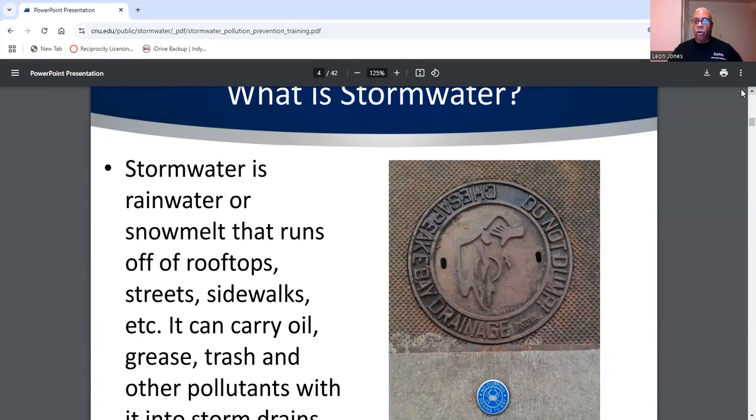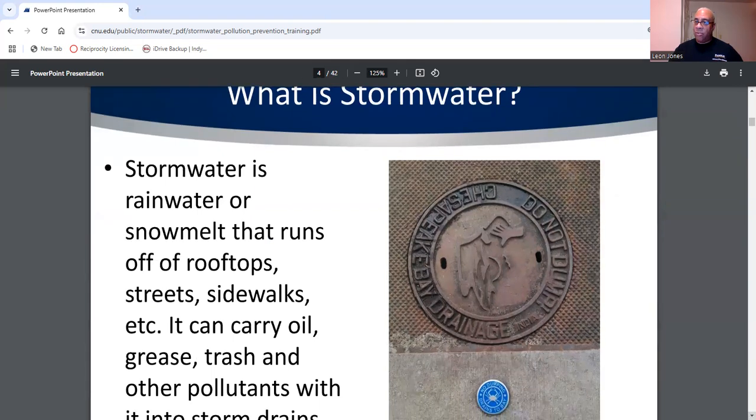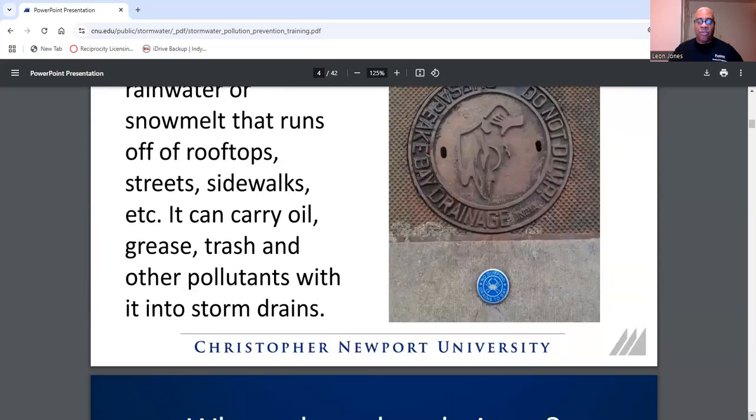What is stormwater? Well, stormwater is rainwater or snow melt that runs off of rooftops, streets, sidewalks, etc. And here's where it can get a little hairy because that stormwater can carry oil, grease, trash, other pollutants, dirt, all kinds of other debris. And the reason why they're pertinent is because they can get into our storm drains.